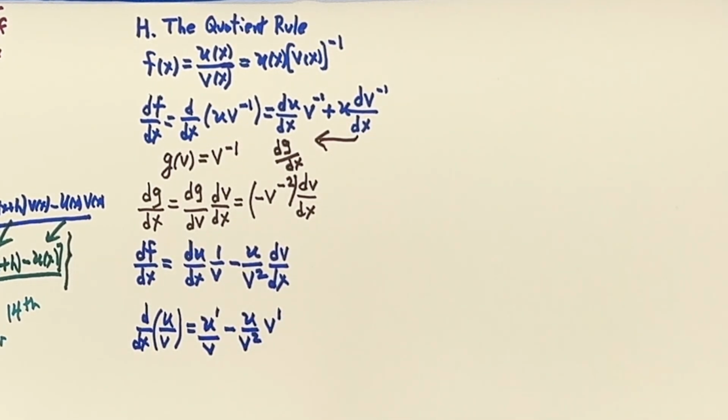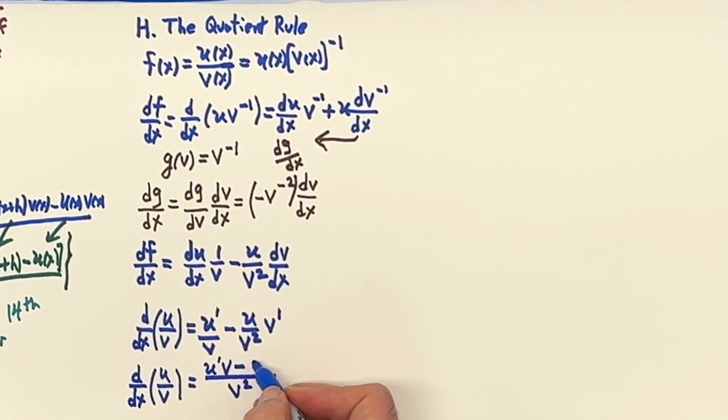Now I would like to find a common denominator here. If I find a common denominator, v squared, this first term would be u prime times v, so that one v cancels out. Then I would have a minus sign, and since I have the v squared there, I would just simply have u v prime.